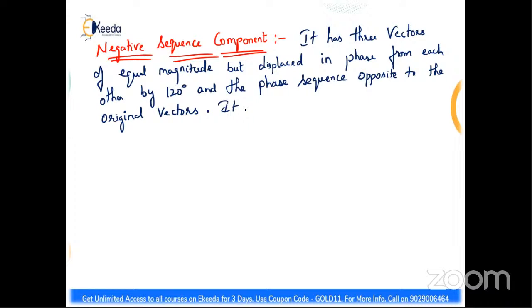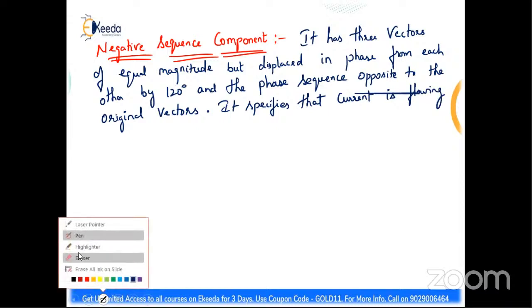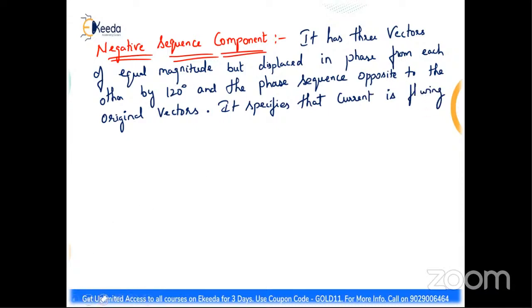It specifies that current is flowing from load to source.